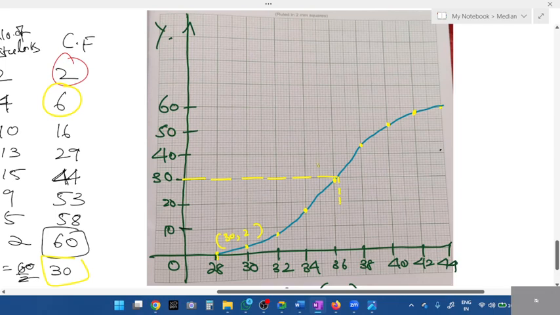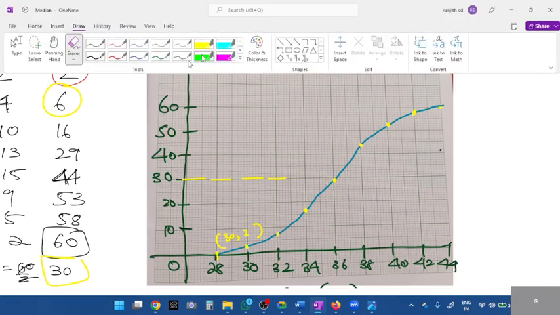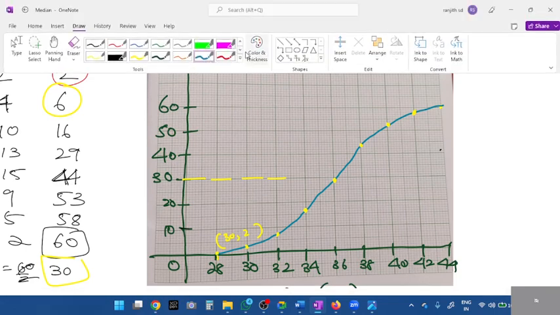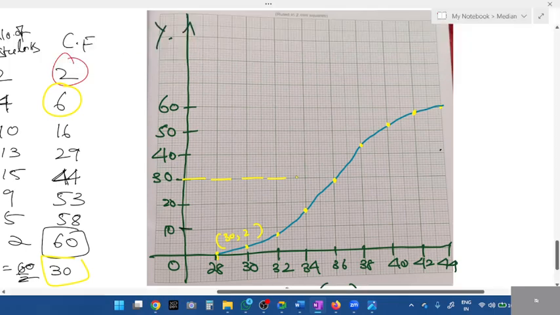I think I'm getting around 36 students. The line, if you draw it properly, should be at 36. What's the value? Tell me what you are getting once you draw a straight line.